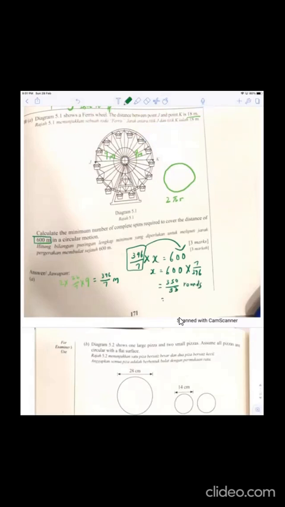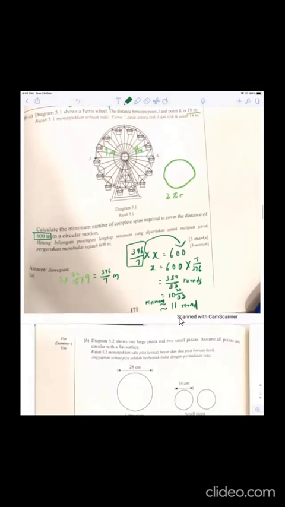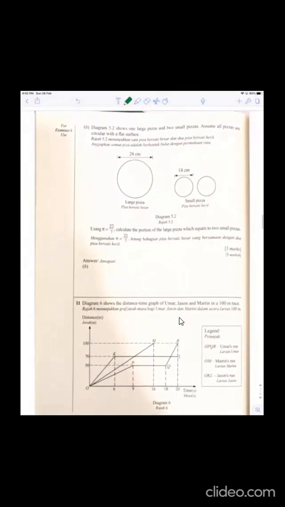So if change to decimal, roughly estimate is 11. No, minimum, minimum 11 rounds. So we done. Okay, let's see the next one.